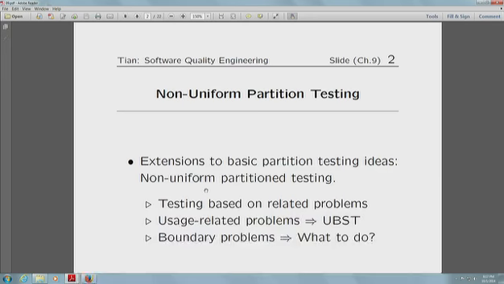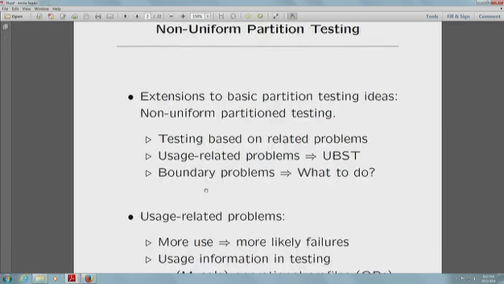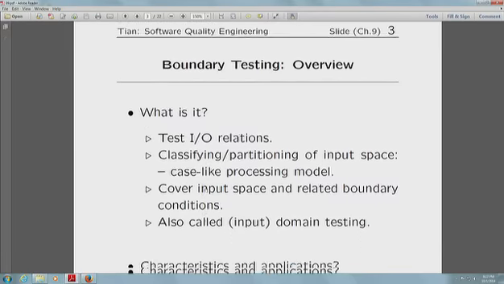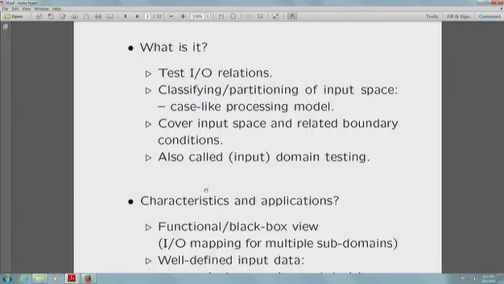Okay, so essentially the reason for non-uniform partition testing is that we typically observe more problems around boundaries than inside your domain. So we need to do some boundary testing. Okay, so that's what we talked about. And then essentially we try to test the input-output relations and look at the classification of the input space and how it's processed.